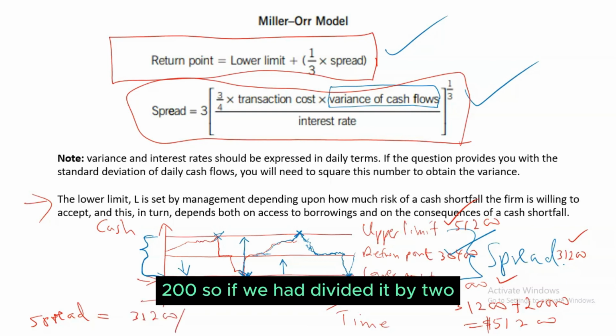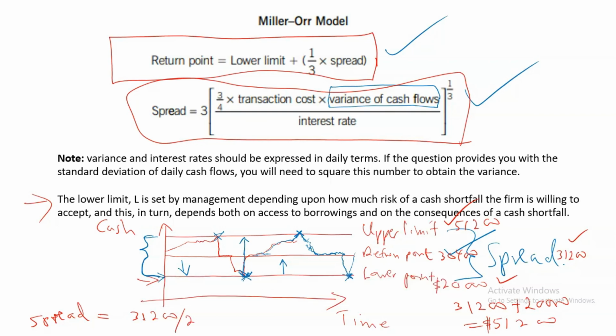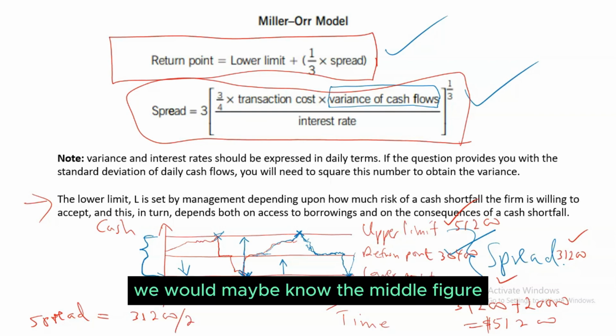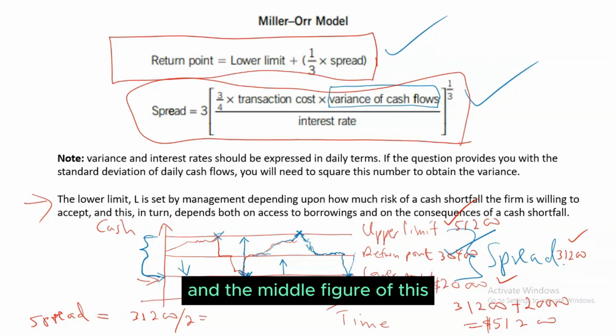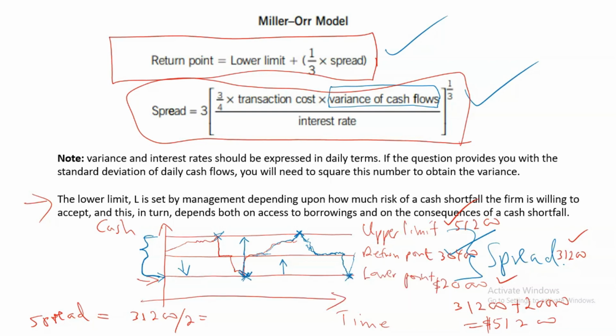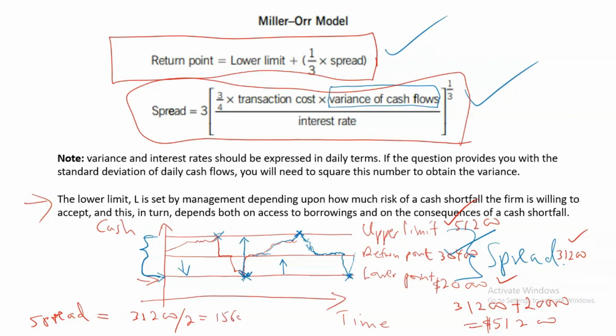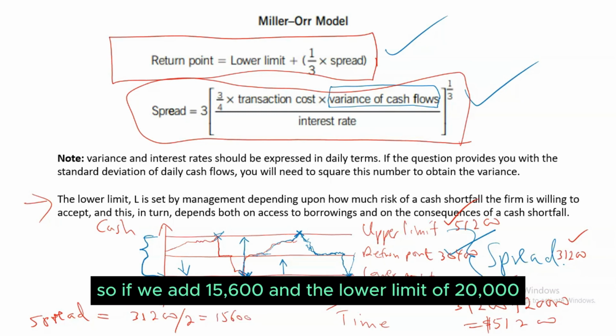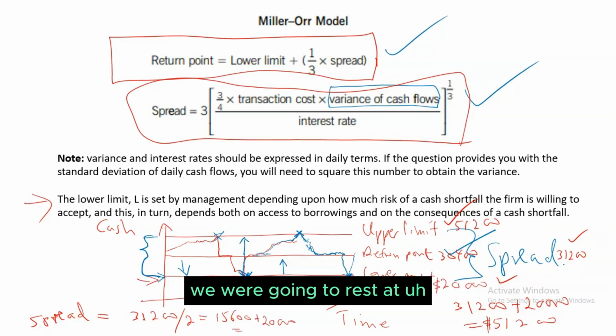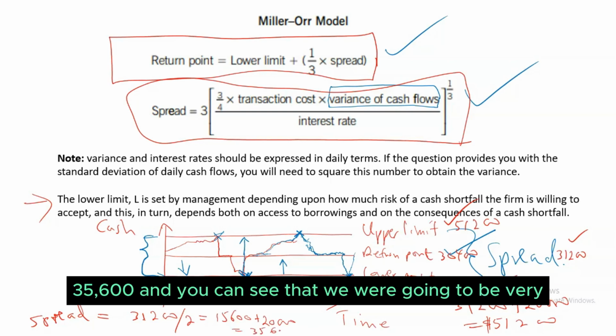So if we had divided it by 2, we would maybe know the middle figure, and the middle figure of the spread was going to be over 2, that's 15,600. So if we add 15,600 and the lower limit of 20,000, we were going to rest at 35,600, and you can see that we were going to be very, very wrong.